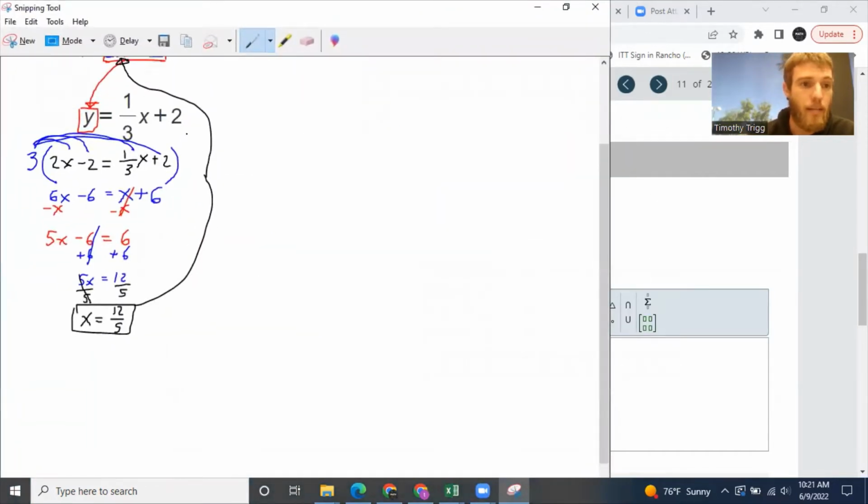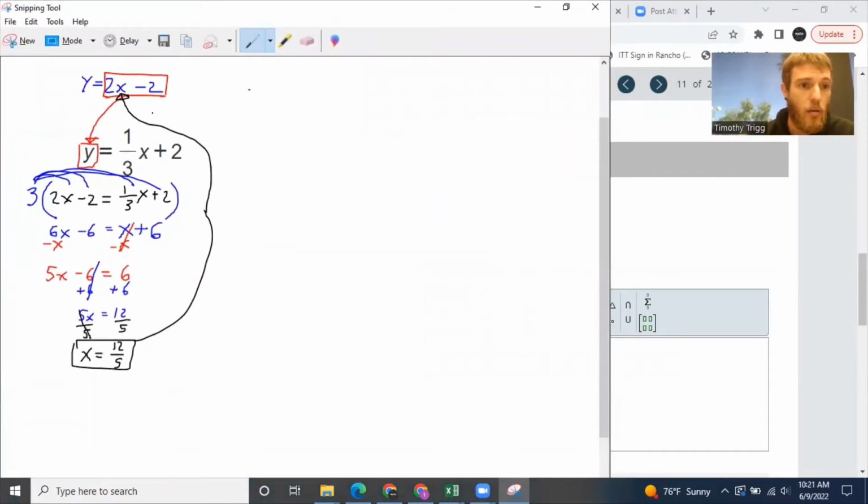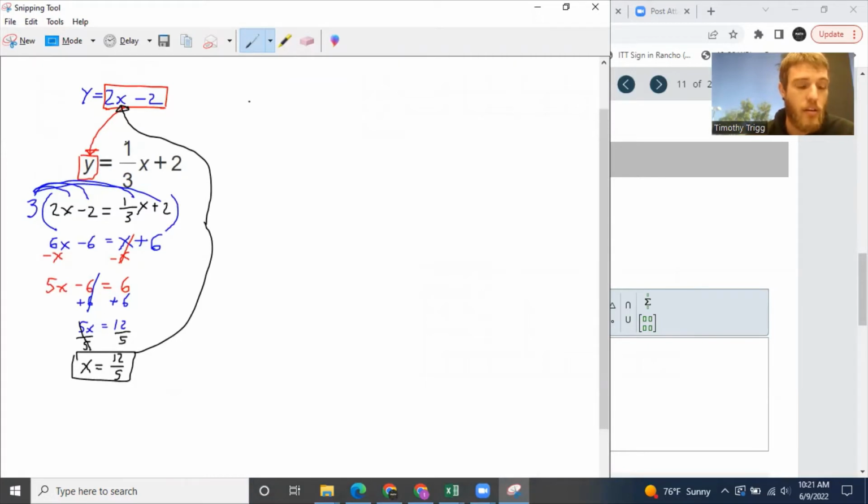Now this equation would say y equals 2 times x, and the value of x is 12/5, and then minus 2. Again, just replacing the x with the value of x that we found.